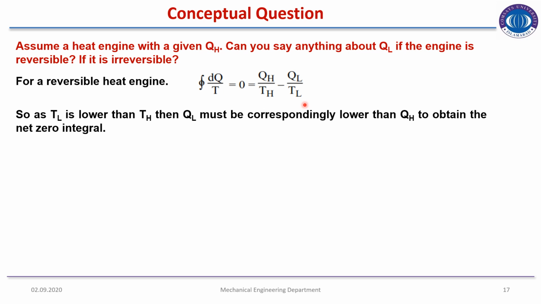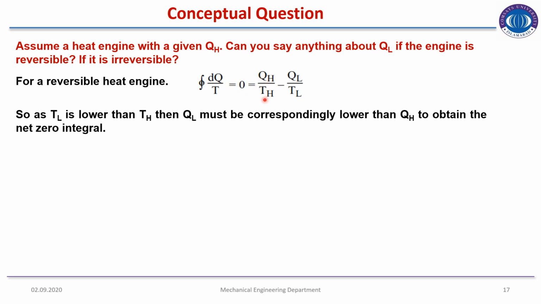As TL is lower than TH, QL must be correspondingly lower than QH to obtain the net zero integral, because entropy is a state function. For the cyclic process, similar to internal energy, the change in entropy will be equal to 0.